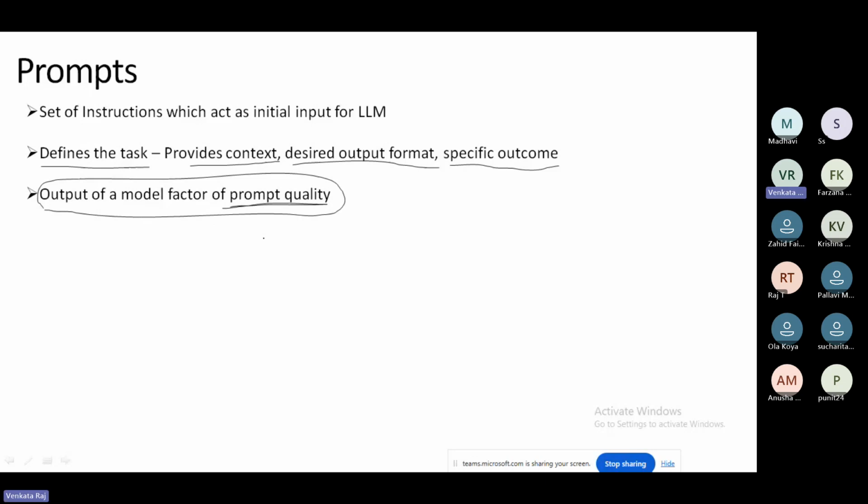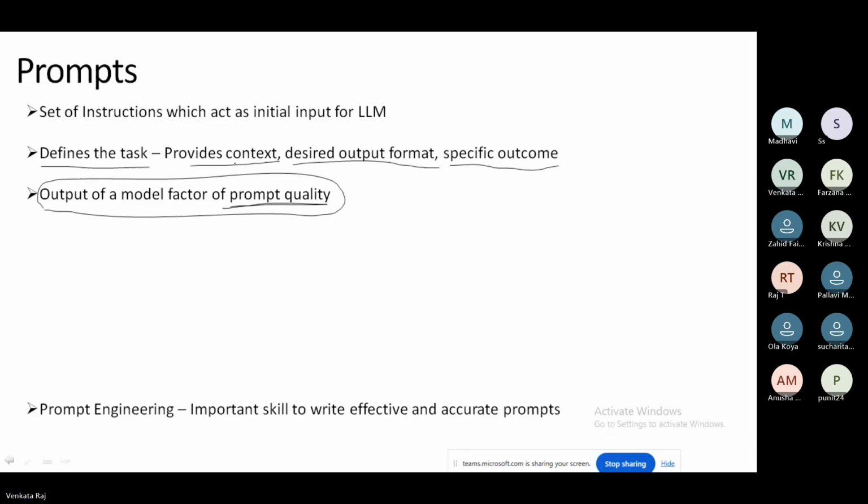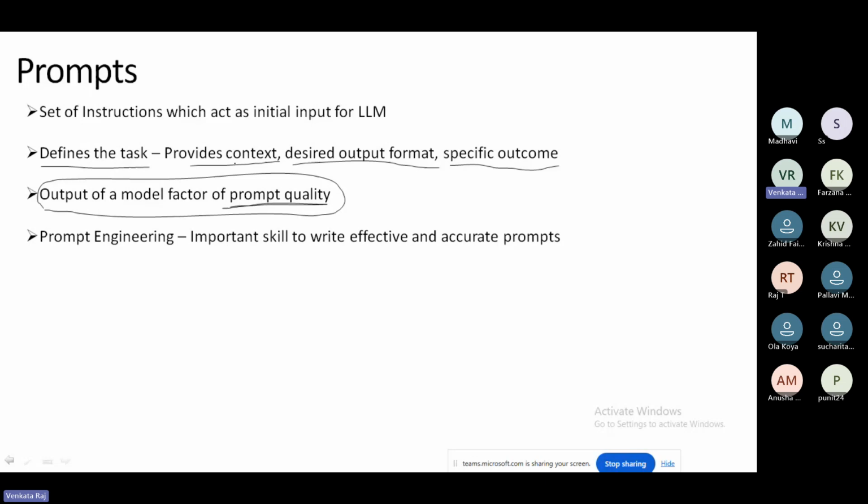If the quality of your prompt is good, then your output will be good. If your prompt is bad, then your output will be bad. Are all of you clear? Understood, everyone? So that is why the output of an AI model will depend on the quality of the prompt.